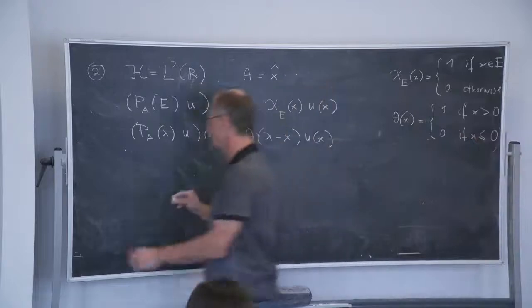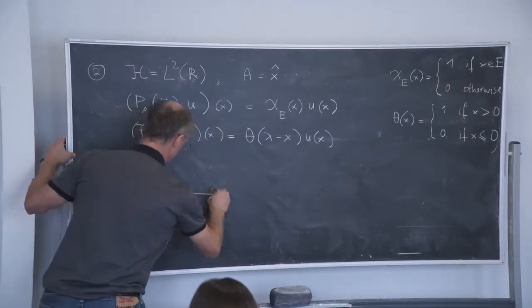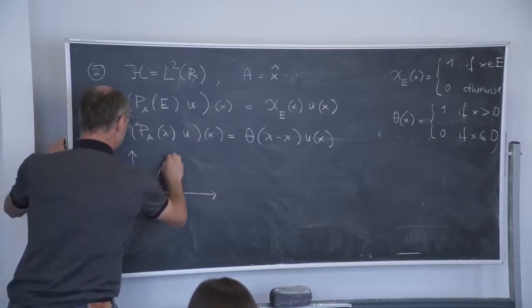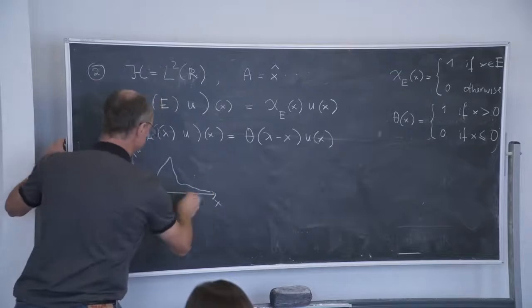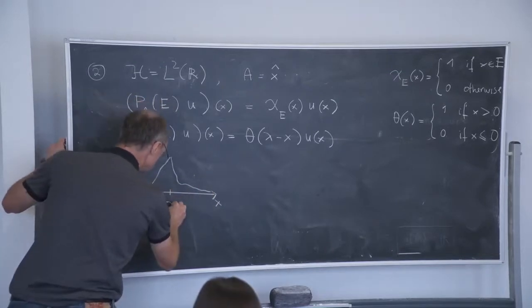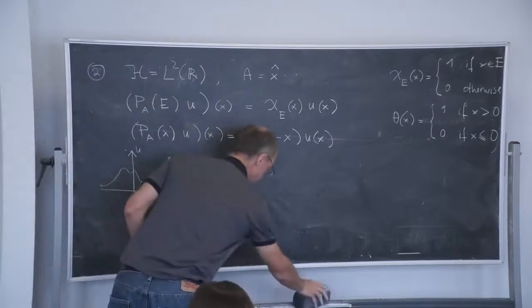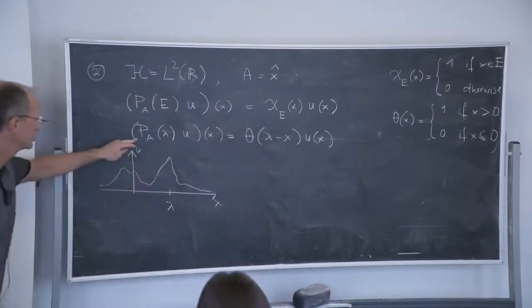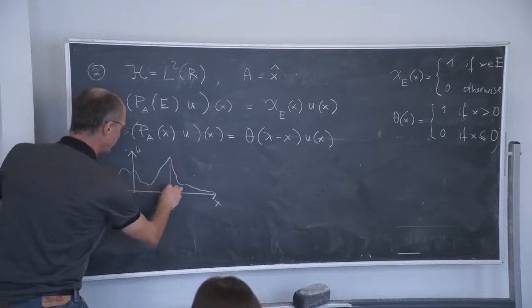So basically what those projections do: suppose here is your L2 function, and I choose some particular lambda. Then the result of the action of the projection will be as follows.